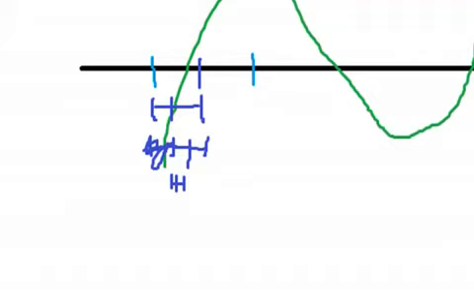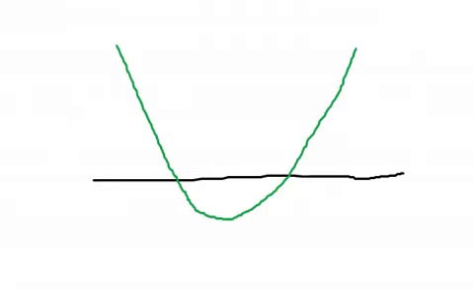So how do we know where the root is? We've got our x-axis and we've got our function. You see every time it crosses 0, it's always changing signs. So what we can do is take the value of the function at this point and the value at this other point, and multiply them together.